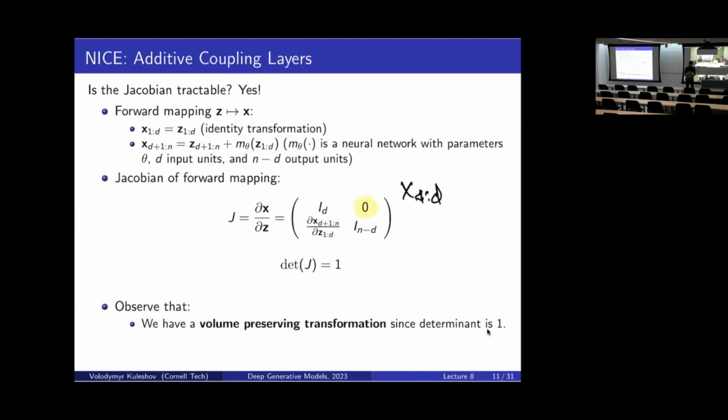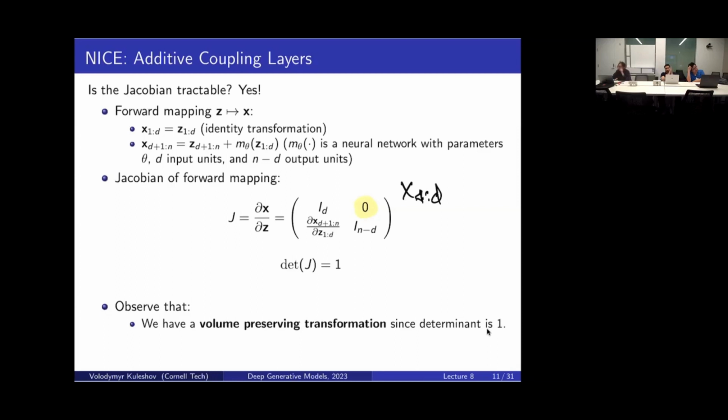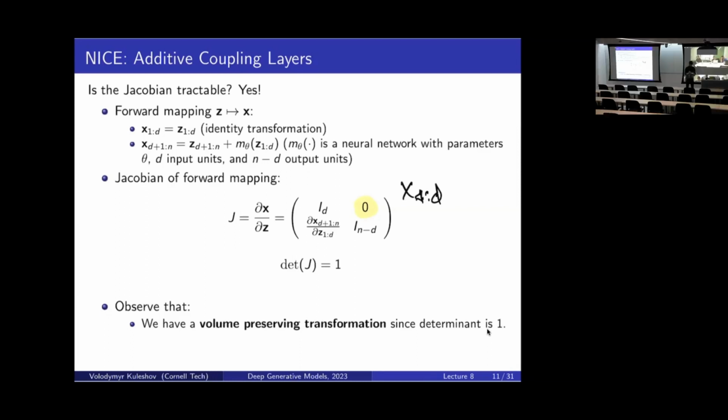And this x from 1 to d does not depend on the input variables z from d+1 to n. So there is no dependency between them.